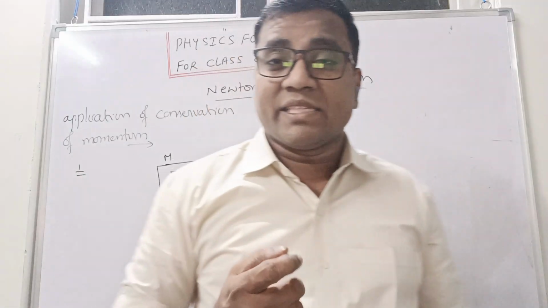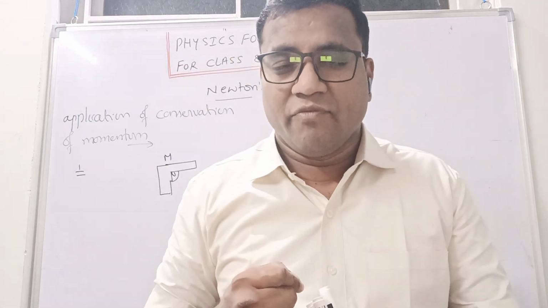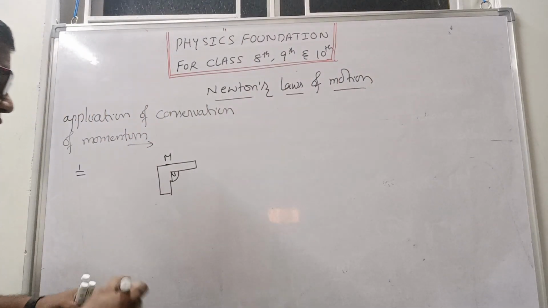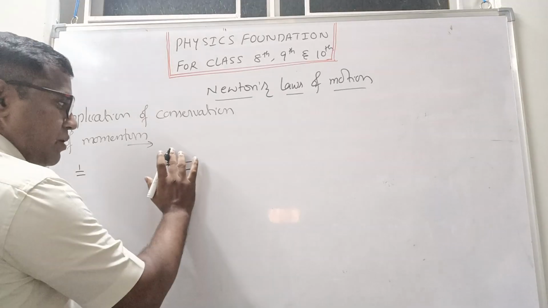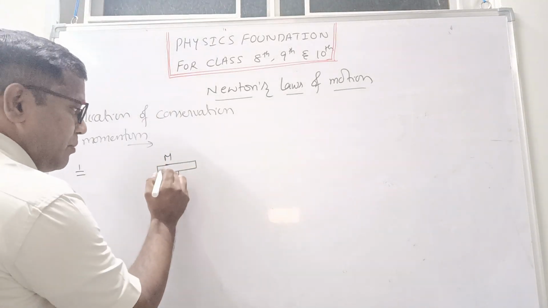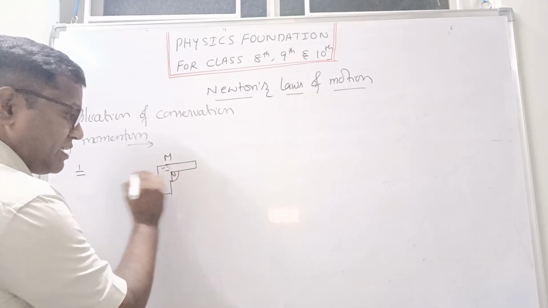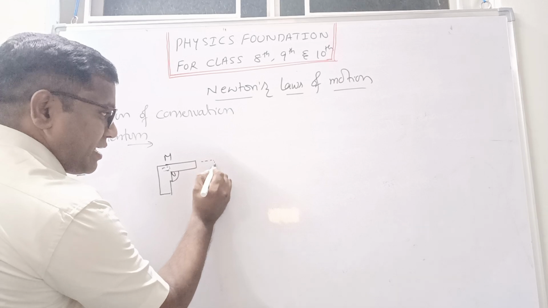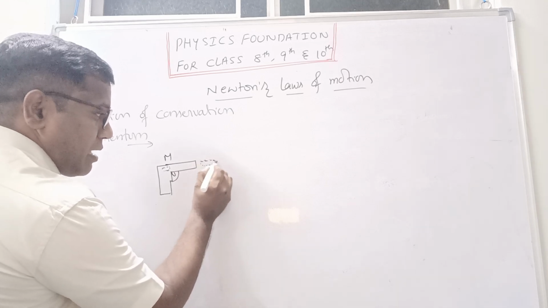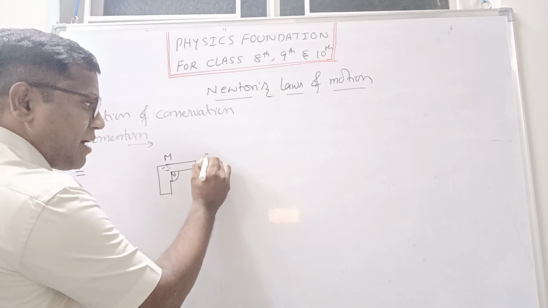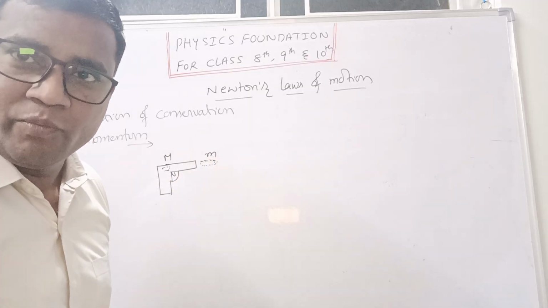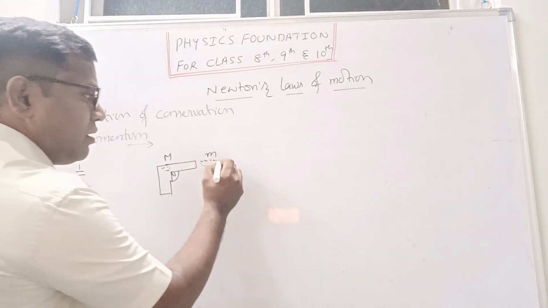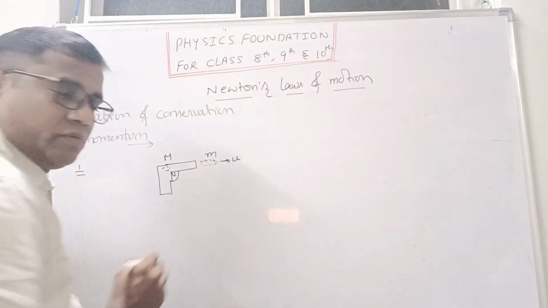That is called recoil velocity. Initially the gun is there, and the bullet is also there. The mass of the bullet is small m, and when triggered, it comes out with some velocity, for example, u.